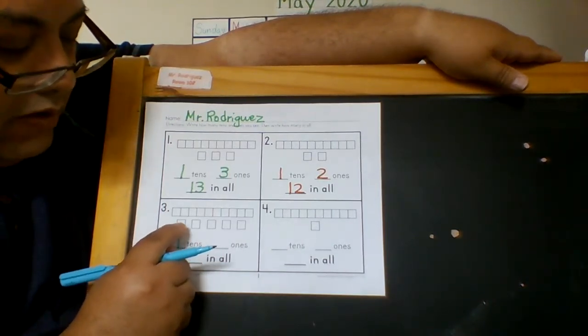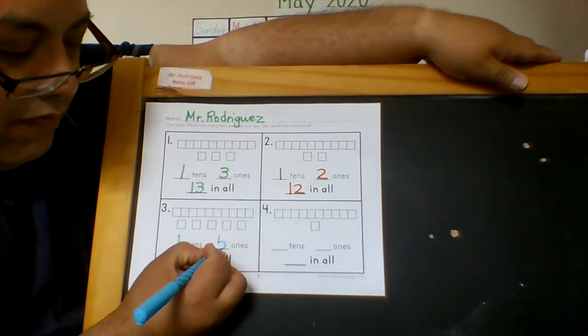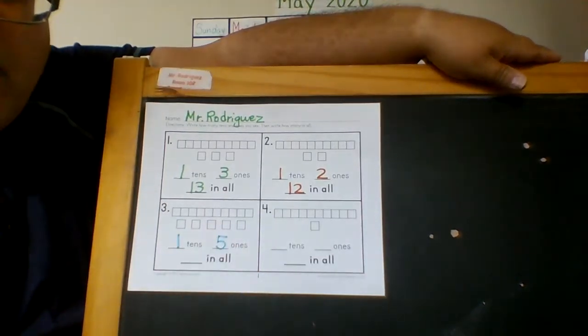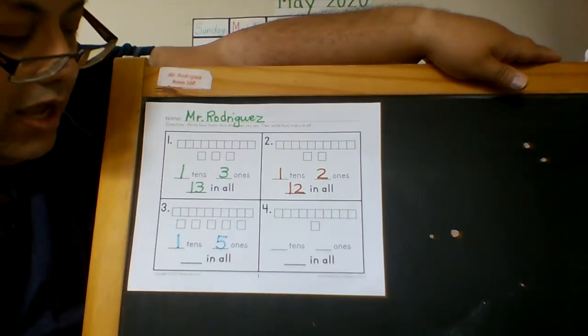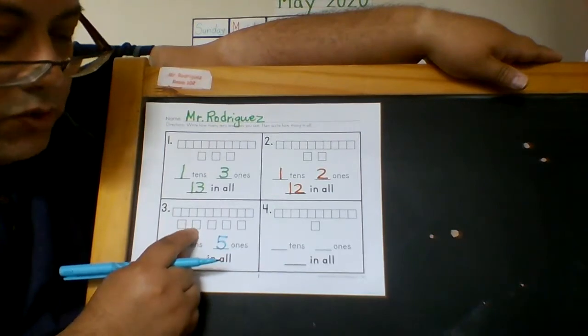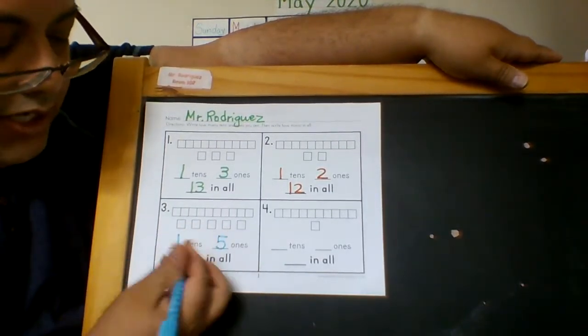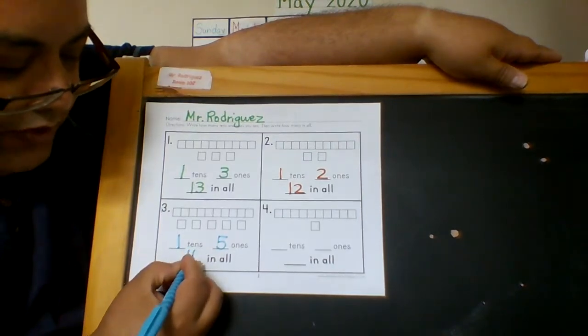Okay, let me see. 1, 2, 3, 4, 5. That's how you write a 5. How many do I have in all? Count. 10, 11, 12, 13, 14, 15. So I'm going to write 15.